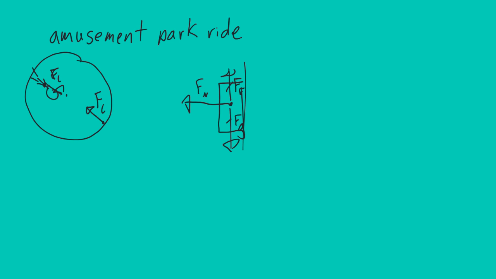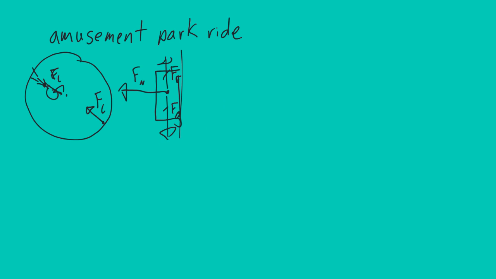So what is happening with our guy on the edge of the ride here? So let's scoot that drawing over. And let's draw a new drawing with our dude standing up on the edge of our amusement park ride. So we know that there is a force pushing him this way, right?